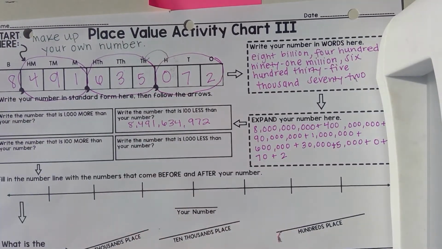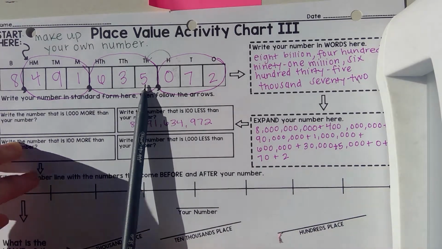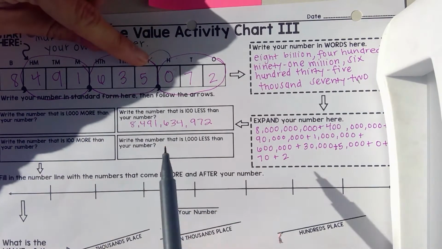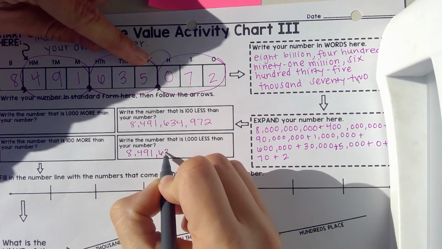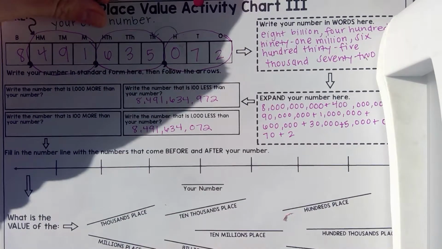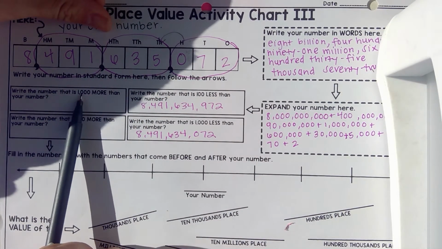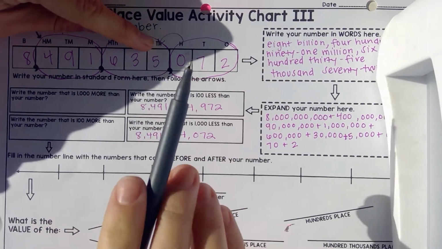Next, we're going to write the number that is 1,000 less than your number. So here I have 5,000, so 1 less than that would make it a 4. So it would be 8,491,634,072. Then this says write the number that is 1,000 more than your number. So we have 5 in the 1,000, so 1 more than that would be 6.